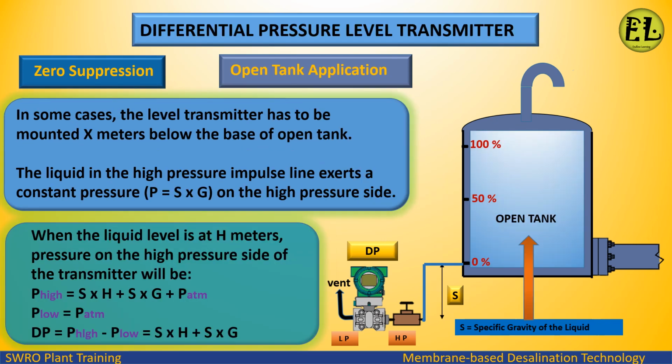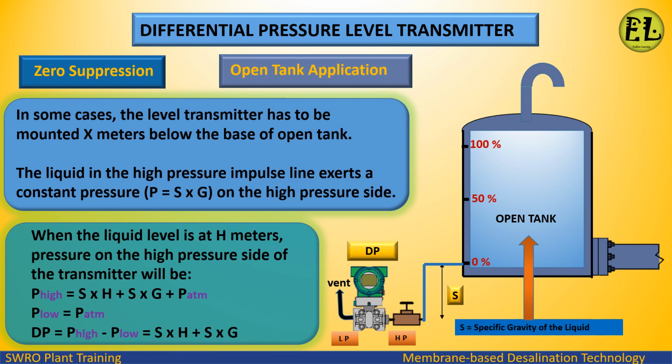In some cases, the level transmitter has to be mounted X meters below the base of open tank. The liquid in the high-pressure impulse line exerts a constant pressure, P equals S x G, on the high-pressure side.